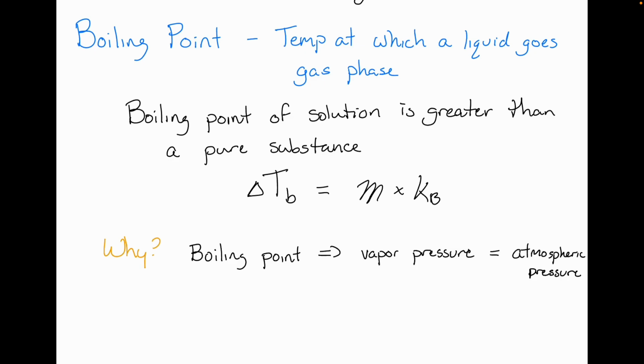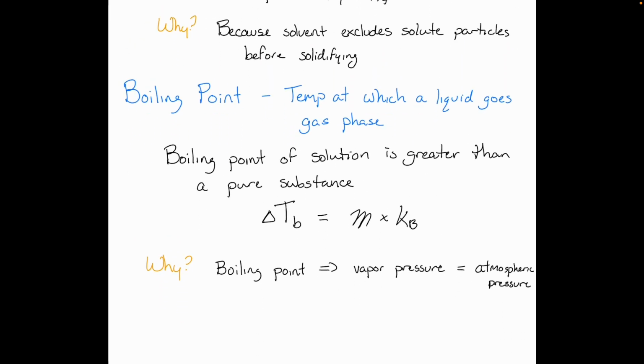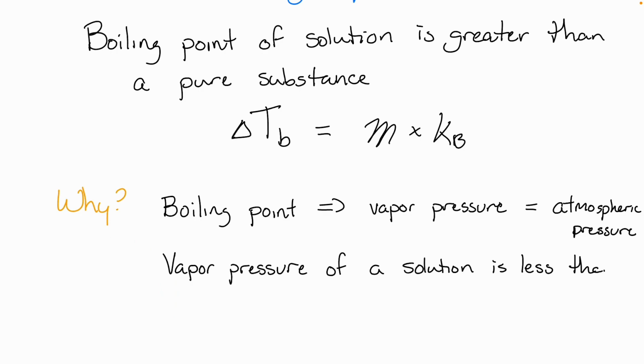It's a little bit less intuitive than the freezing explanation, but yes, vapor pressure has to equal atmospheric pressure at the boiling point, and vapor pressure of a solution is less than a pure substance.